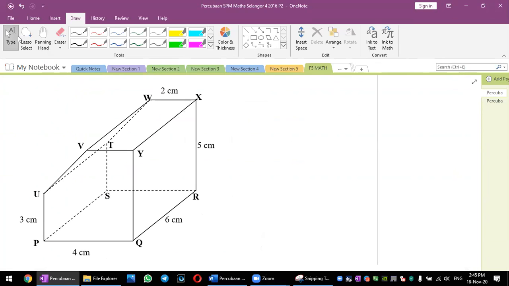Okay, so how you see it? From the top to the bottom, normally I will see directly the last part, which is PQRS. Paling bawah punya, the bottom one. Although they ask you to draw the top, I will draw directly the bottom. So it's the rectangle. Tetapi kamu nampak tak? Atas punya ada satu line, which is VW.